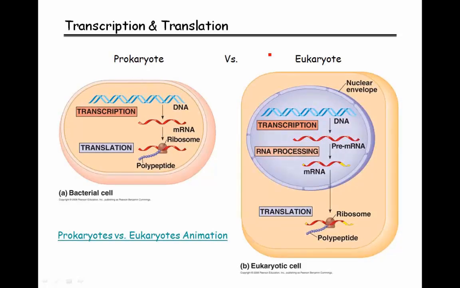The difference here is that the ribosome is right there next to the RNA molecule as we're making it. So there's no spatial separation, no different compartments for transcription and translation, and that means that a lot of times the time frames are overlapping.